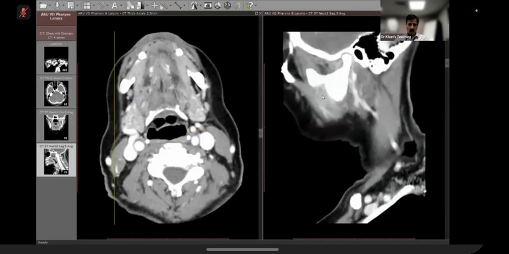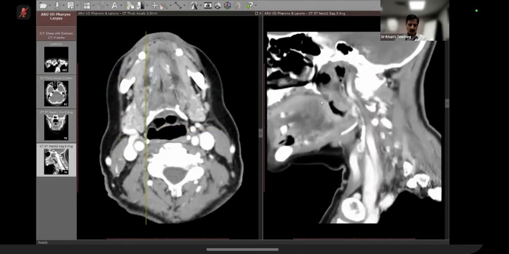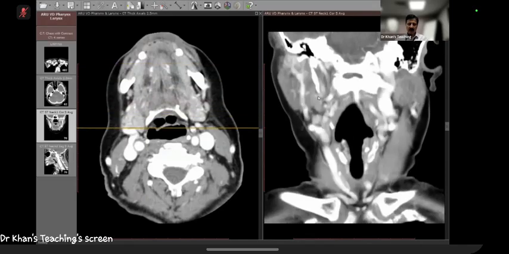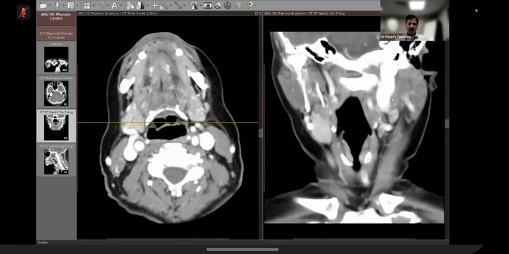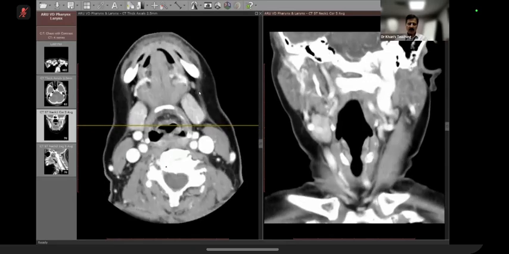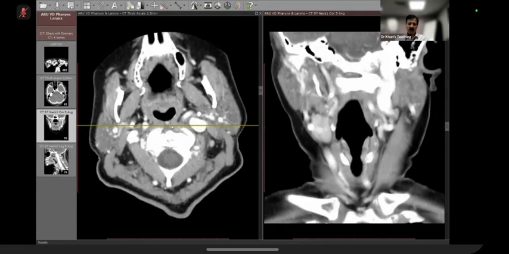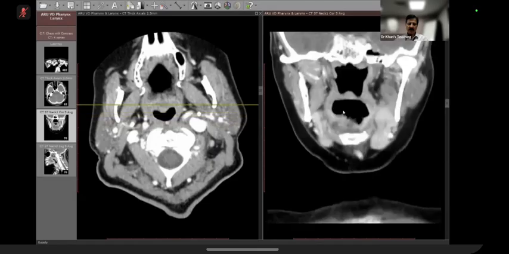You can also see it on a coronal, but I'll show you an MR for that. The orientation of this coronal is slightly tilted, so it's not very well seen. Having said that, if you see here, do you see it goes all the way here?